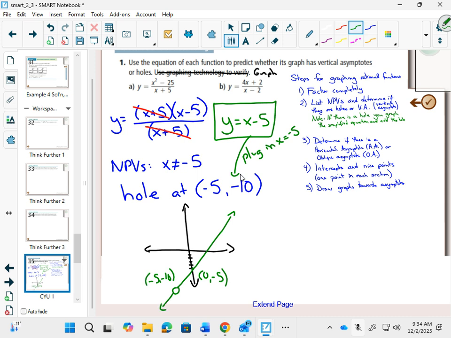And I know that I have to add a hole at negative 5, negative 10. On all of our graphs, whenever possible, we will always label all of our x-intercepts and all of our y-intercepts. So I also labeled the point 5, comma 0, because when x is 5, y is 0, that's my x-intercept.